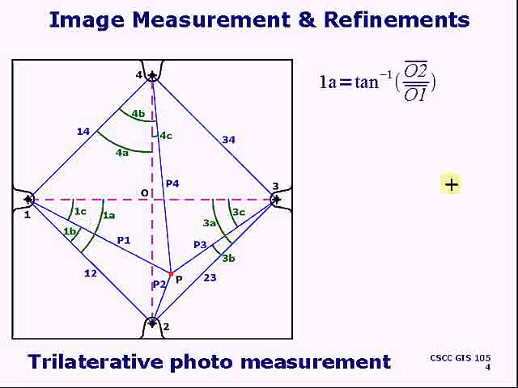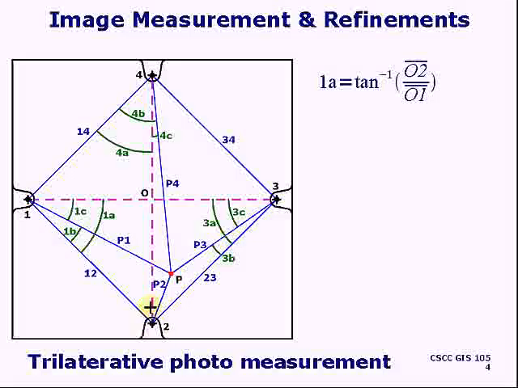The way we're going to do that, let's look at the line segment from the origin to 1. That is a distance. The origin to 2, that line segment, is a distance.